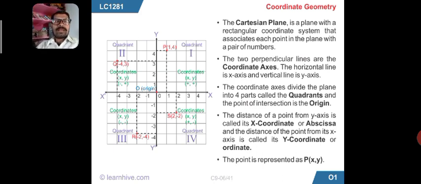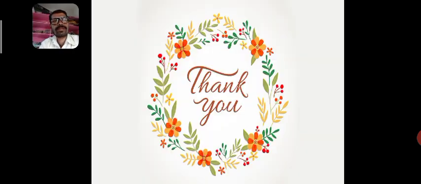That is what will help us to locate a point in space or in the plane. The coordinate geometry will help us in identifying points in the plane or space. All these are some of the applications of this coordinate system of geometry.